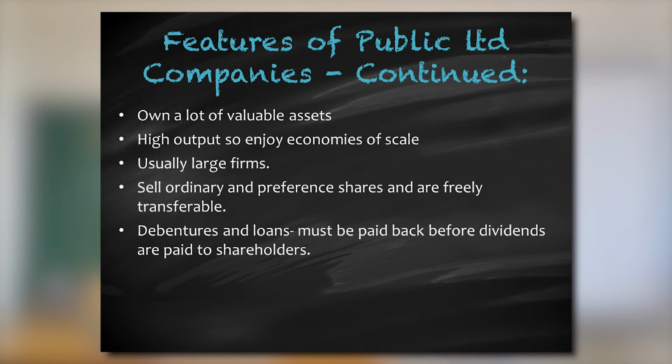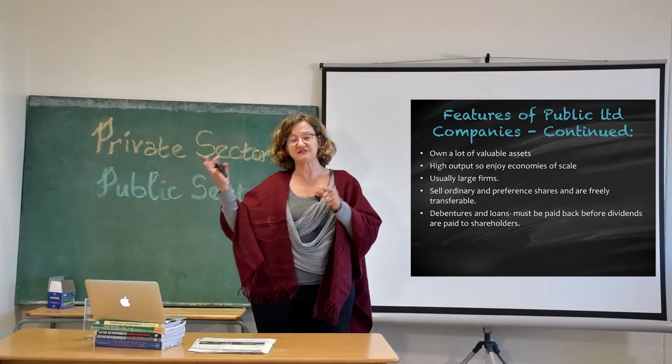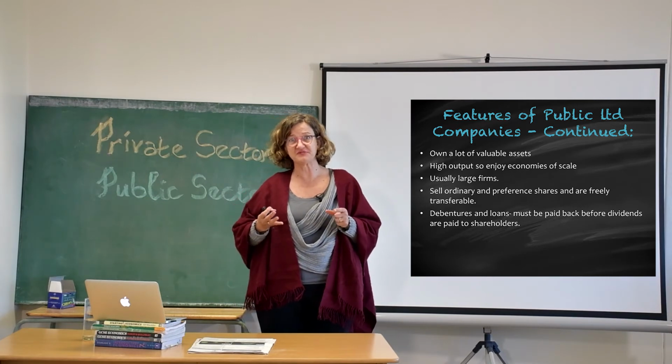So the bank will easily give them money because of their lots of valuable assets that is on the PowerPoint. Their output is normally very high, as I've mentioned. So because of that, they can achieve economies of scale. You don't really know what economies of scale is, but later on we will explain it.